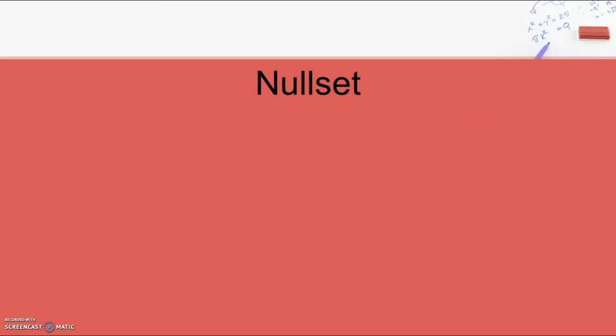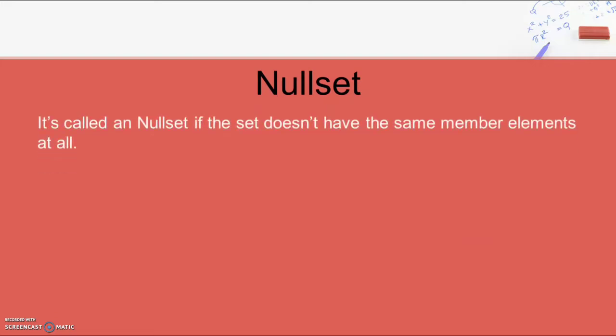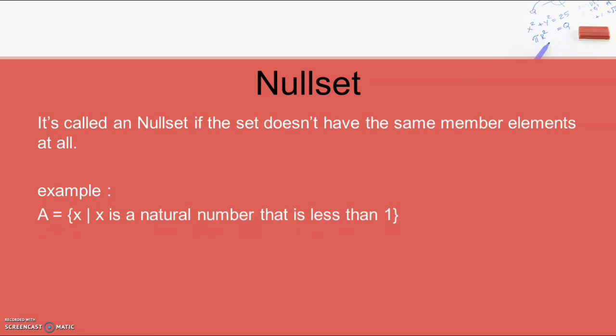2. Null set. It's called a null set if the set doesn't have any member elements at all. Example, set A equals the set of X such that X is a natural number that is less than 1.